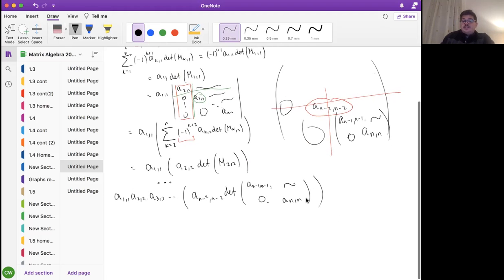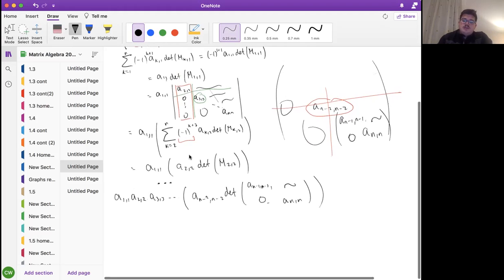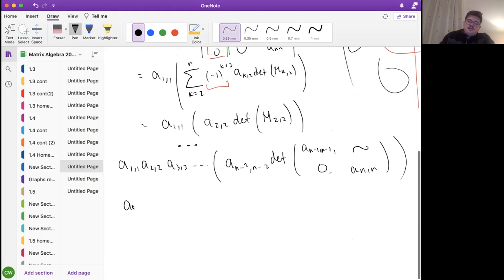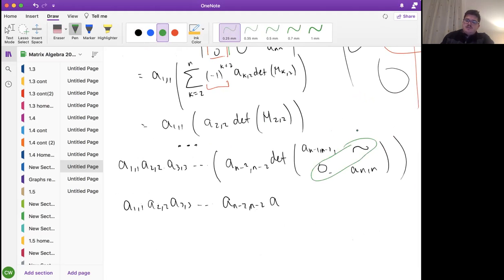So the very last determinant will be just this product, right? Because this is 0. So a n minus 1, n minus 1, a n n. And that's just the product of the diagonal.